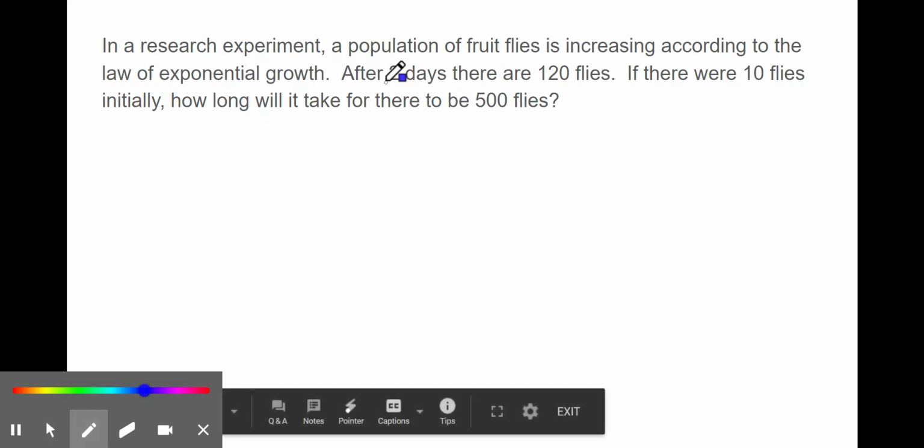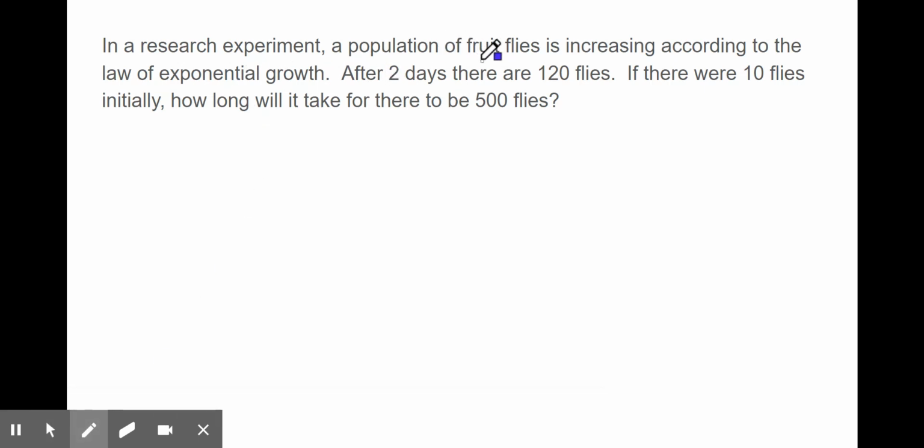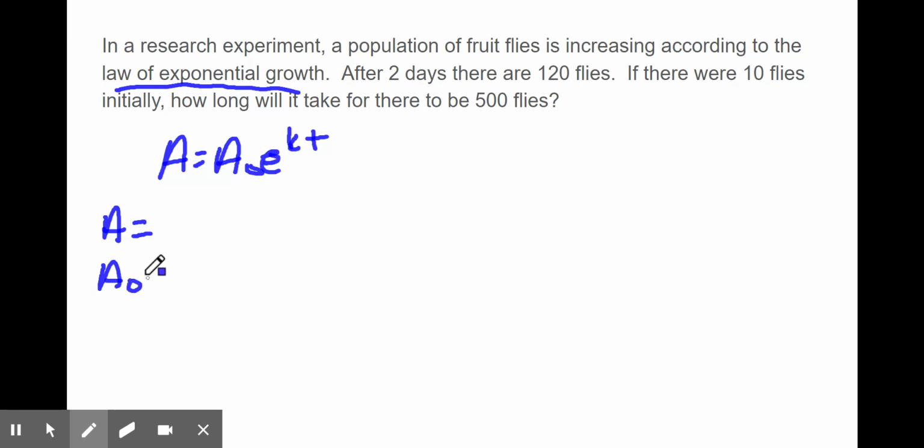All right? Okay, so let's try one here. In a research experiment, a population of fruit flies is increasing according to the law of exponential growth. So we already know that A equals A naught e to the kt. We're going to have to find A naught, k, and t. After 2 days, there are 120 flies.